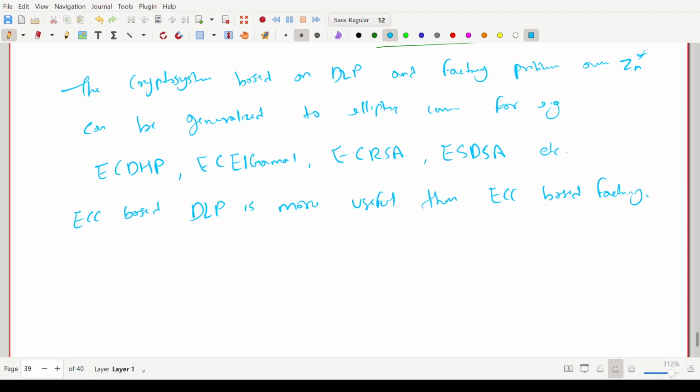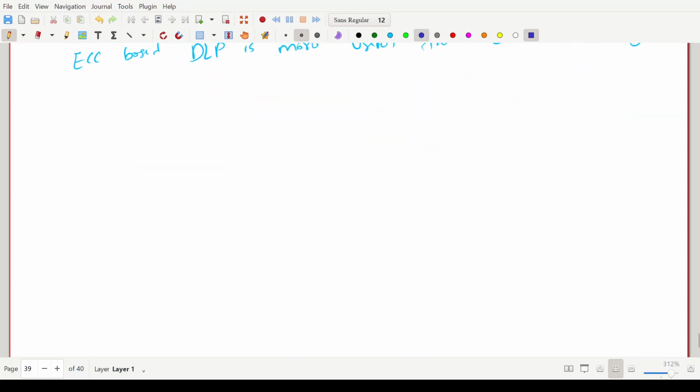Okay, so now let us see ECDHP, the elliptic curve Diffie-Hellman protocol.